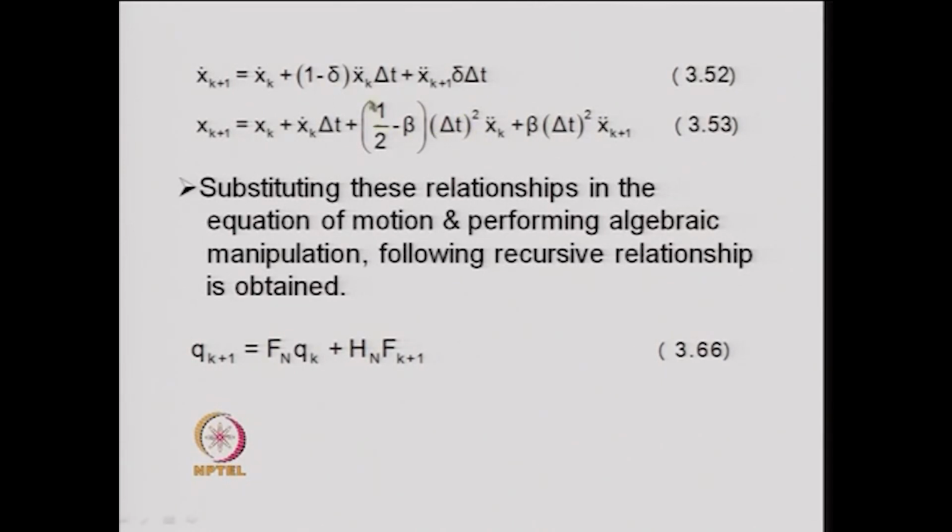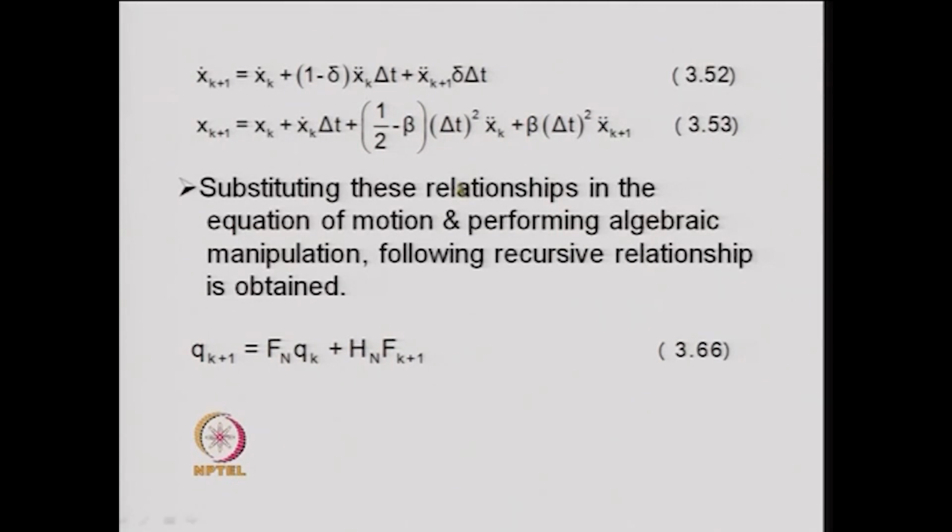Now, if we provide the value of delta as half, then this particular term becomes an average acceleration between the 2 points. That is you can see that it turns out to be x double dot k plus x double dot k plus 1 divided by 2.